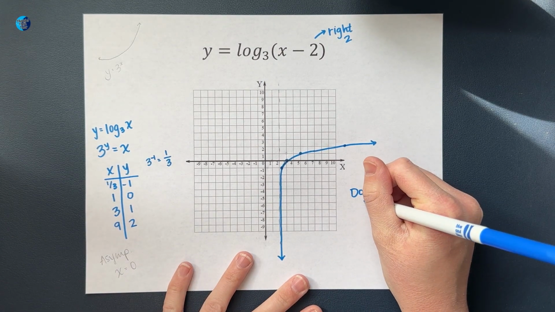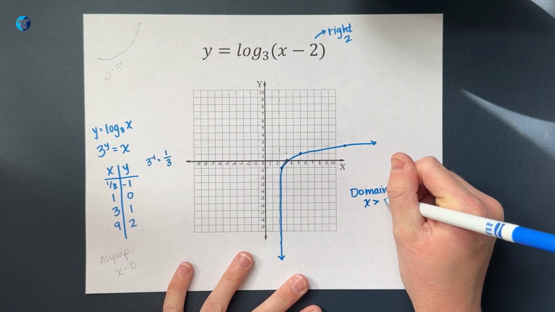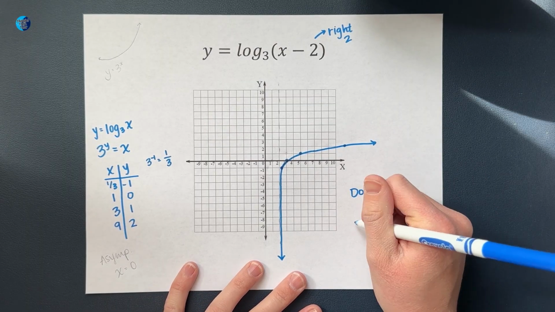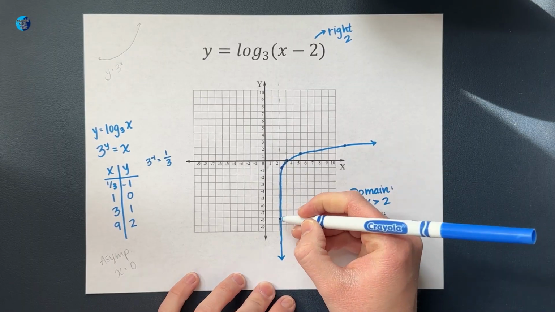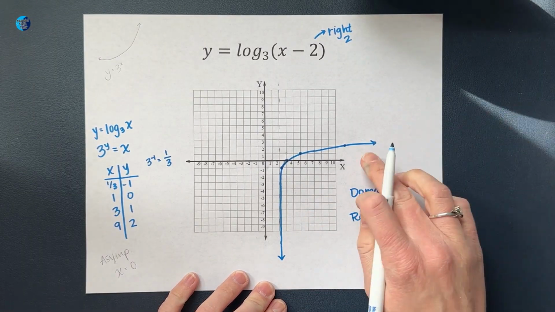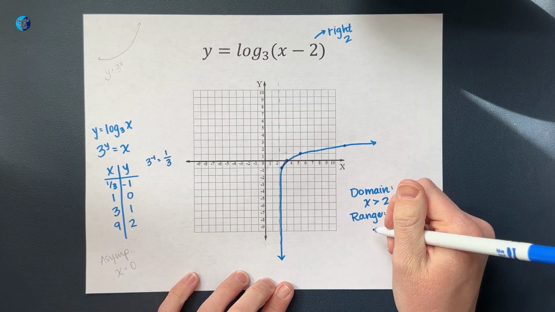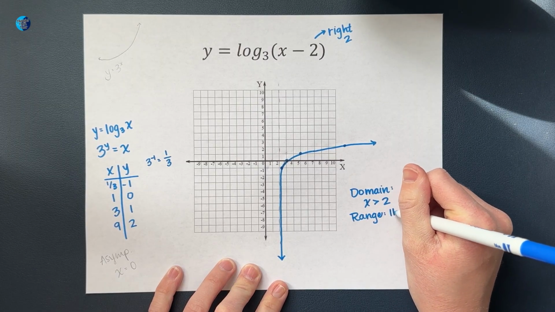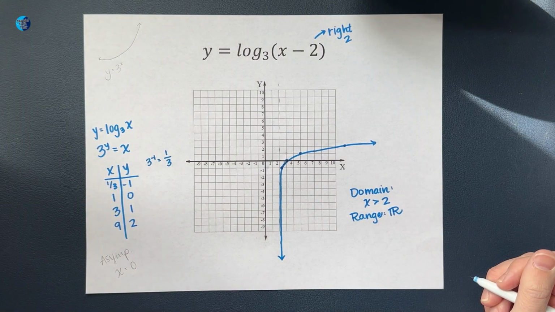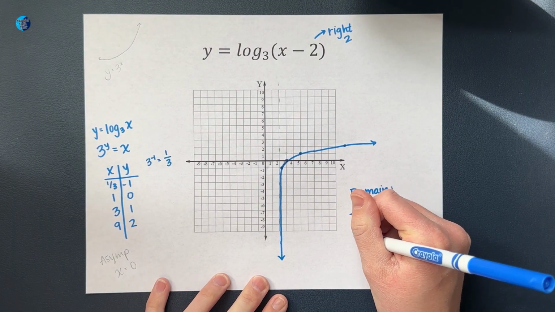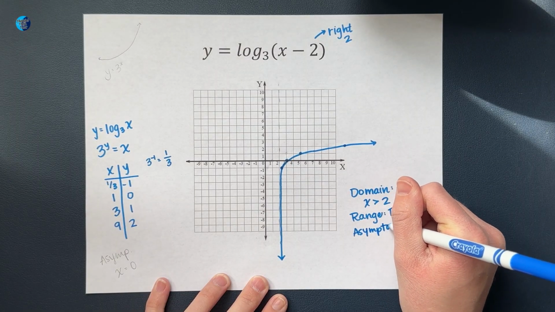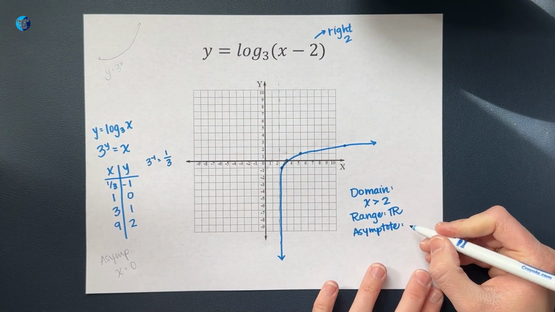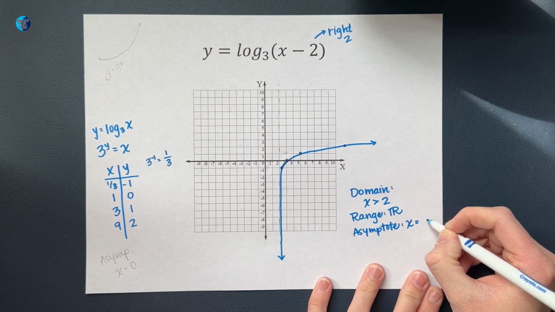So my domain is x is greater than 2. My range is my y values. Well, we're going down forever and slowly up forever. So my range is going to be all real numbers. You could plug in any number for y and get an x. And then a lot of times we also like to identify our asymptote, which we already talked about is x equals 2.